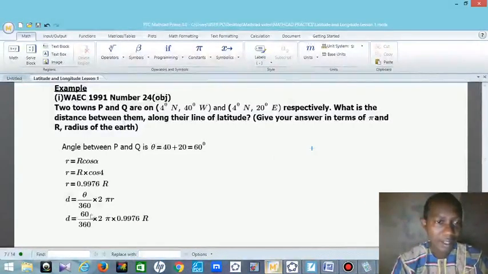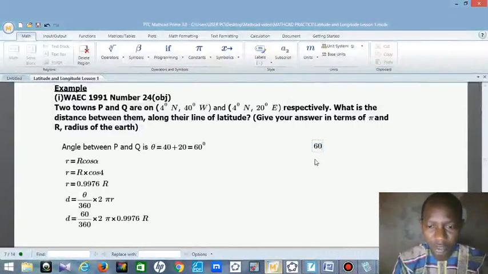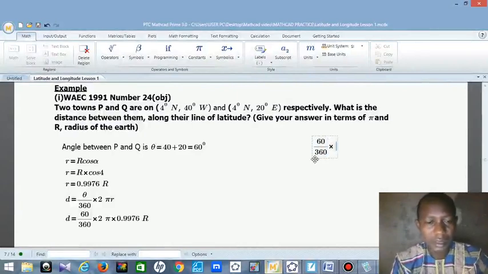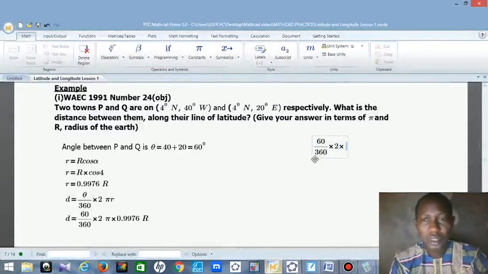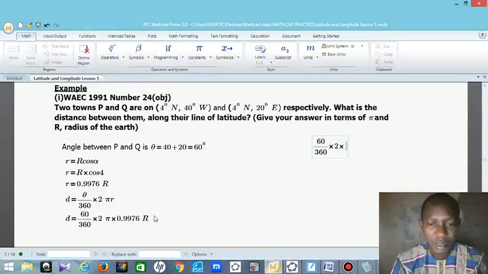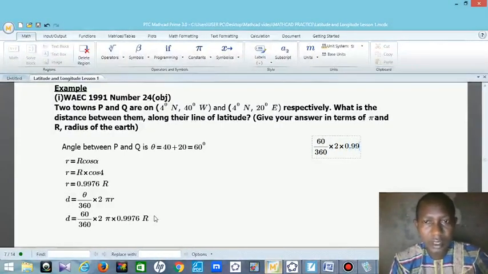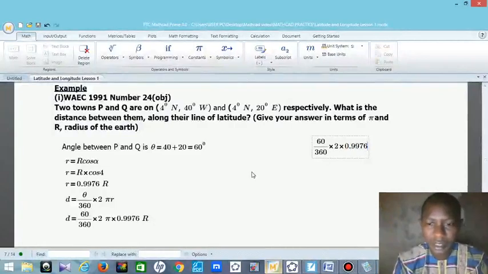So all I have here is 60 divided by 360 times 2 times 0.9976. You can use your calculator and do it directly, you will get the answer.